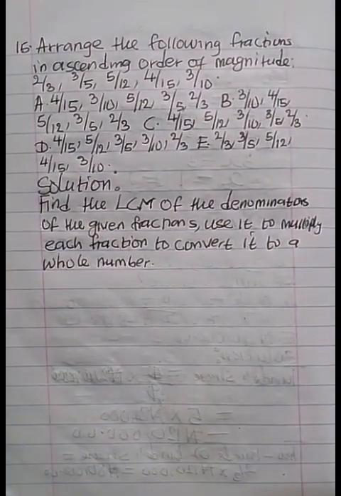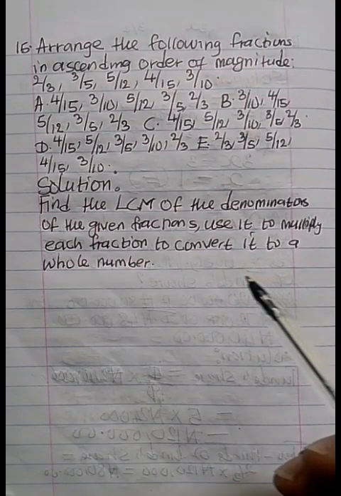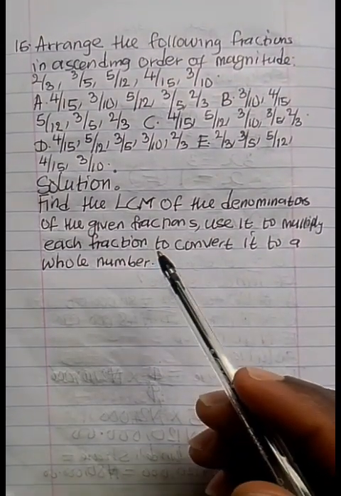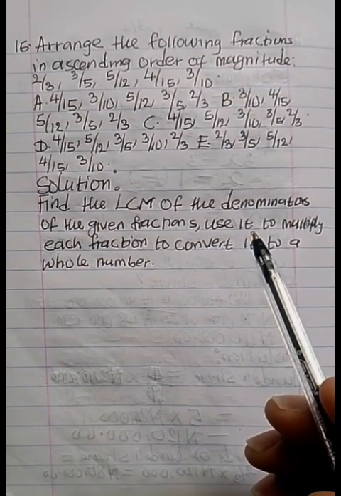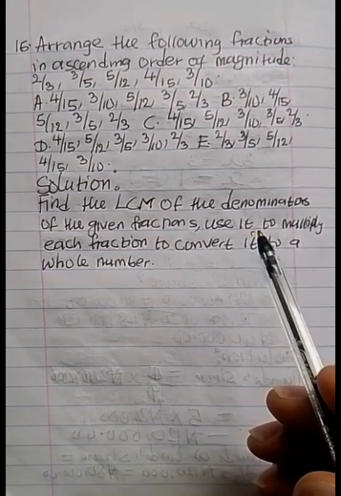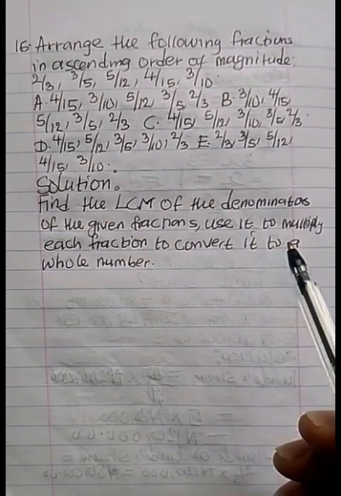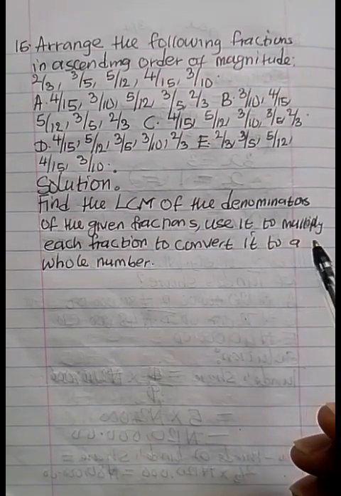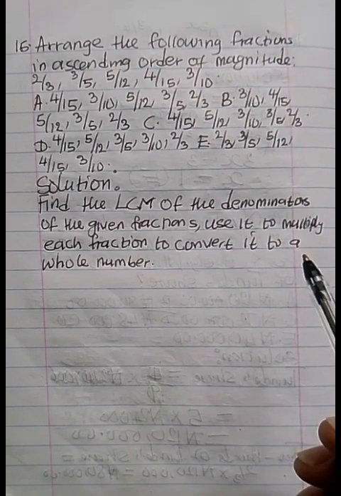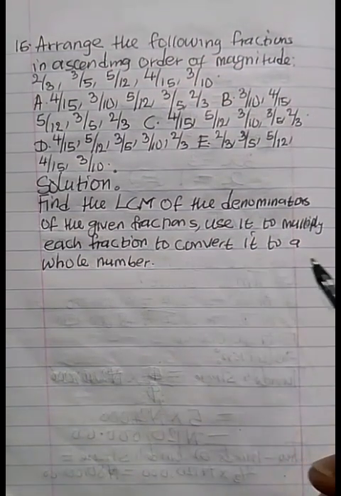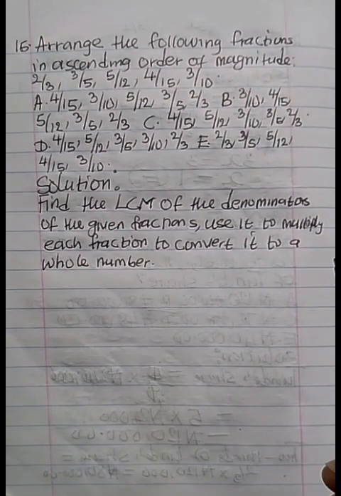In order to do this easily, you have to find the LCM of the denominators of the given fractions. Then use the LCM to multiply each fraction to convert it to a whole number. After doing this, we use the whole numbers to arrange the fractions in ascending order.